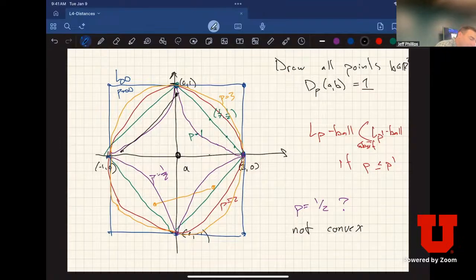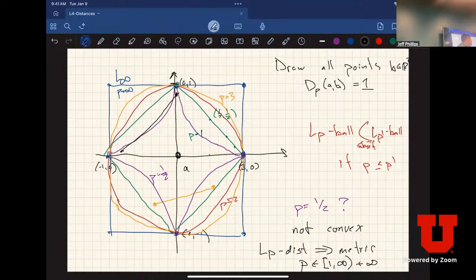So we can say that LP distance is a metric for P from 1 up to infinity, including infinity, because I have the special definition for max. Again, there are issues exactly defining it at the limit, as you pointed out.